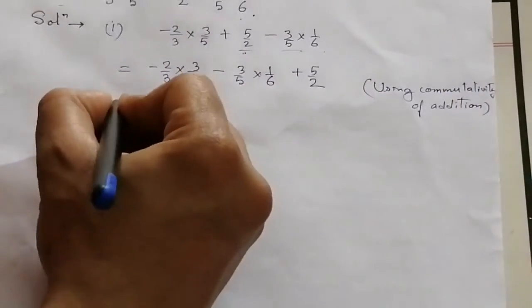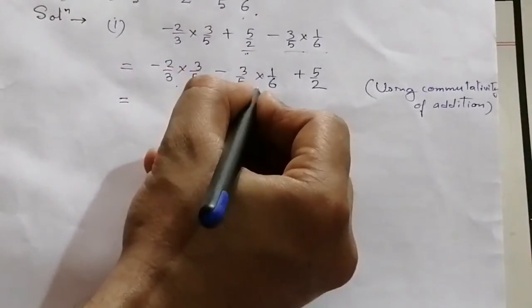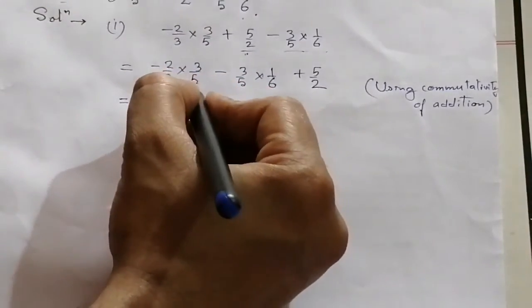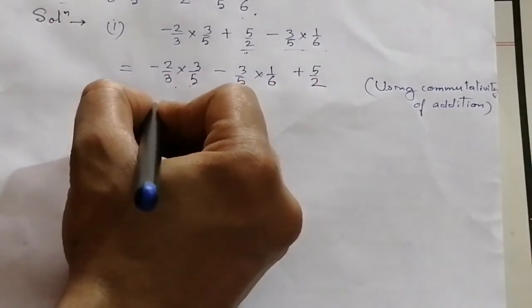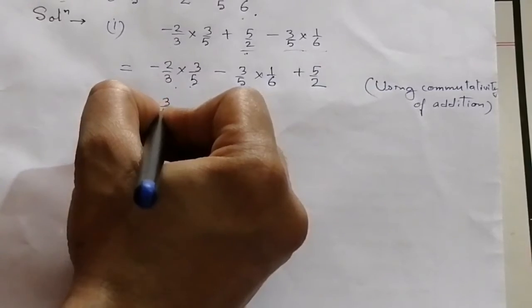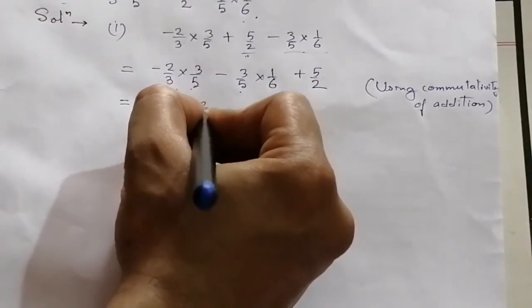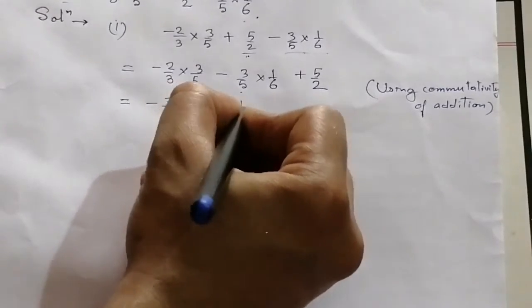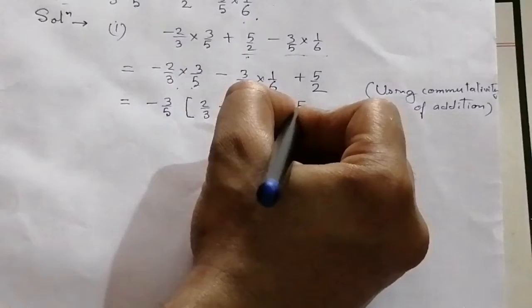Okay, and so here we have these two terms, and this one can be taken common. So minus 3 over 5 we take common, what we get in the bracket? 2 over 3 plus 1 over 6, here plus 5 over 2 as it is.